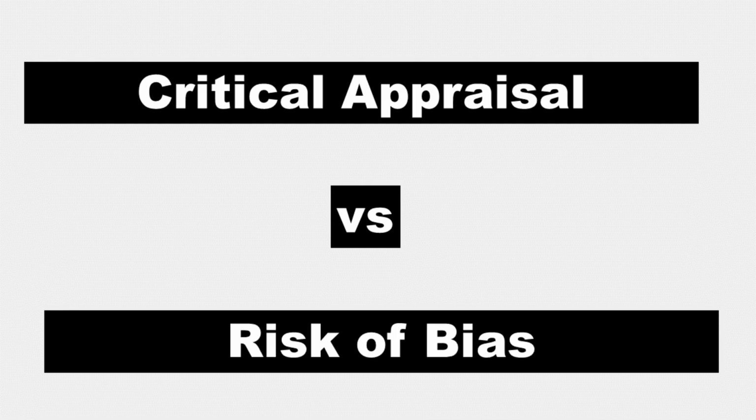And that's why I said at the beginning, I'm not the expert here, but you should definitely be consulting experts or reading these chapters from JBI and from the Cochrane Handbook and the National Academies, which is another one I'll put a link to below, and the Campbell Collaboration, because they are going to give you the information that you need to choose the right tool for your project. So just keep in mind, systematic reviews, evidence synthesis, consider risk of bias to be different than critical appraisal.